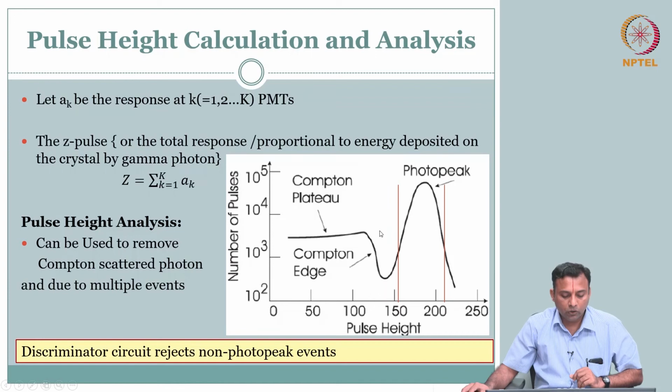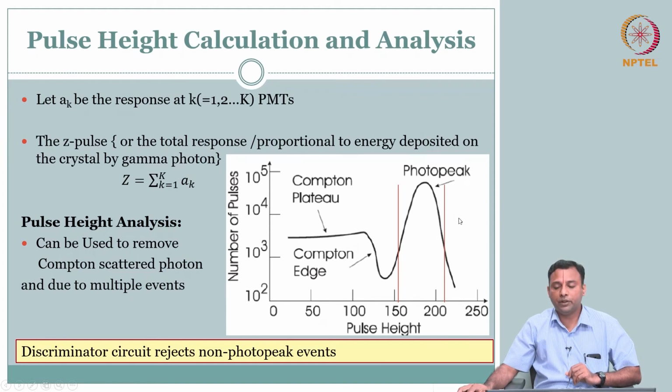So you have a discriminator circuit, a Z pulse height analyzer, which detects the peak or within the threshold. Anything beyond that, that scintillation event will be discarded and not used further.